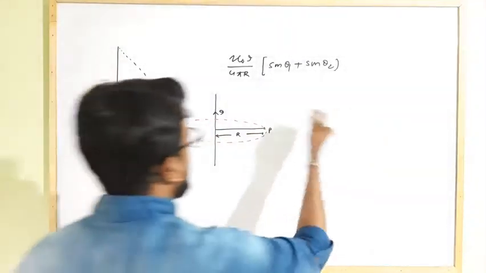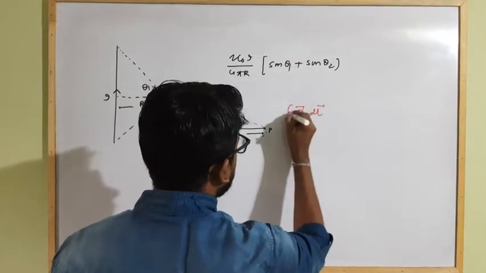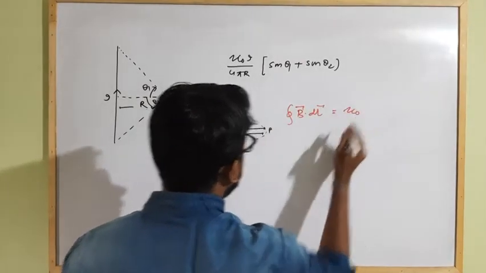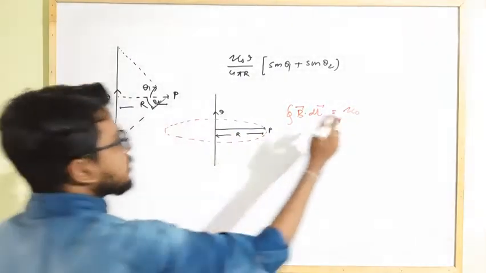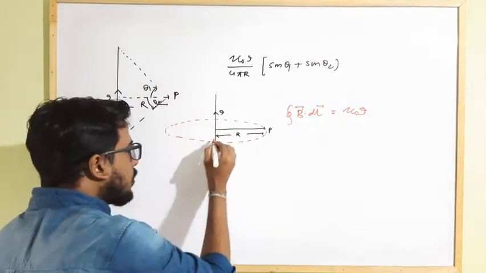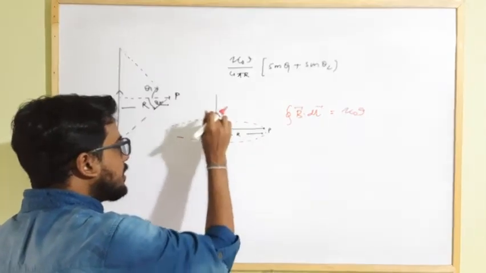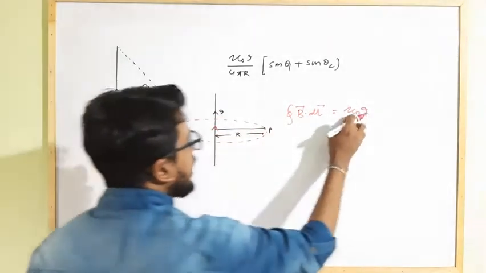According to Ampere's circuital law, the closed line integral of B vector dot dl vector will be mu naught I enclosed. Within this Amperean loop the complete current carrying conductor is present, so I enclosed will be I. Clear? As this conductor carries current I in this direction and is enclosed by this Amperean loop, I enclosed will be I.